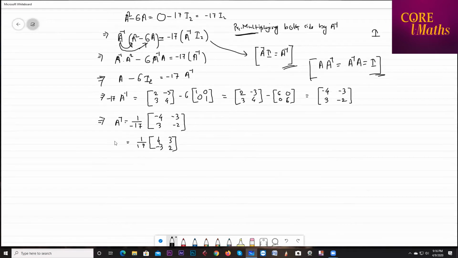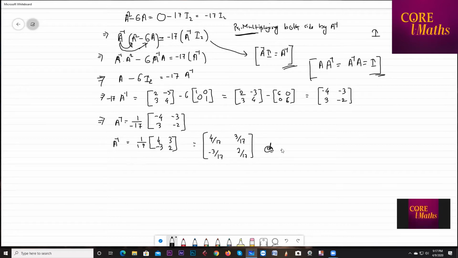So the value of A inverse, you can write this, or you can write in this way: 4 by 17, 3 by 17, minus 3 by 17, 2 by 17. So this will be your answer.